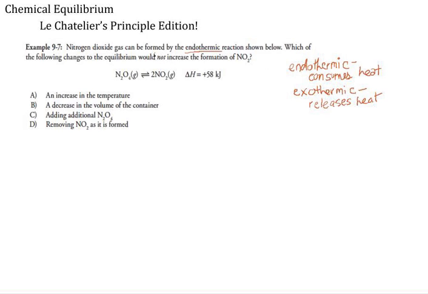Because an endothermic reaction that is consuming heat, like this one, if this one is endothermic, then on some level, in order to be in equilibrium, this other side of the equation has to be exothermic, right? That's how it works. In order for everything to be in equilibrium, you can't have one without the other.